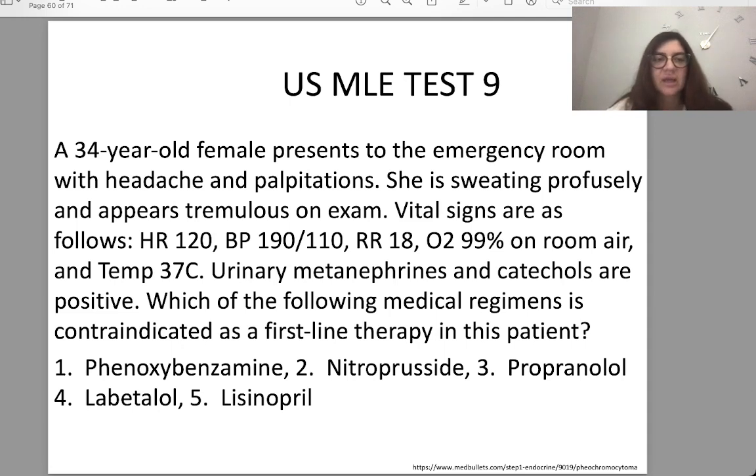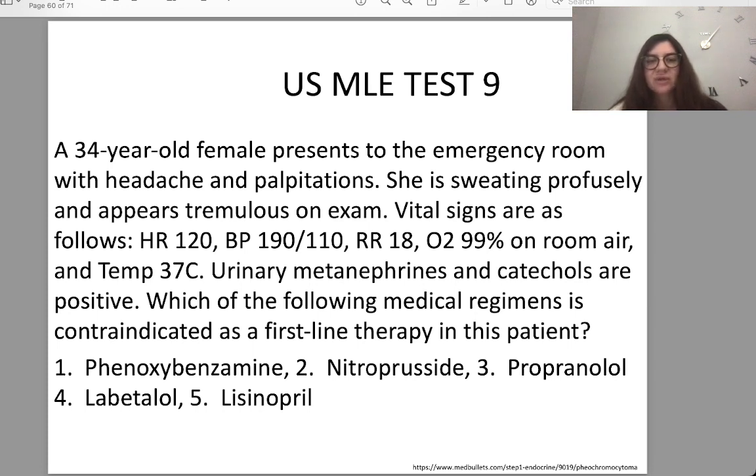Test 9. A 34-year-old female presents to the emergency room with headache and palpitations. She is sweating profusely and appears tremulous on exam. Vital signs are as follows: heart rate 120, BP 190 by 110, respiratory rate 18, and saturation 99 on room air, temperature 37.